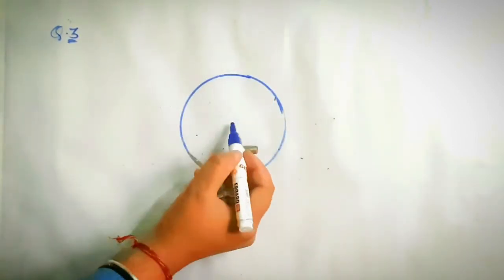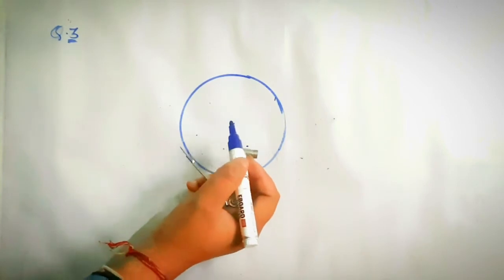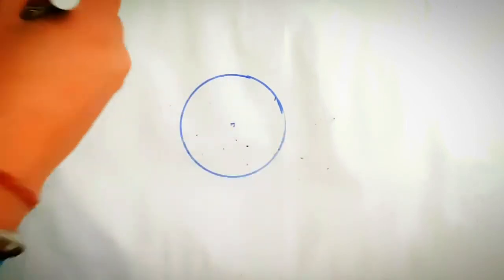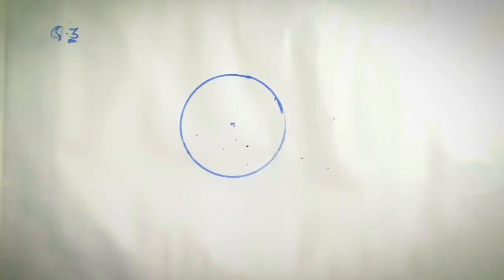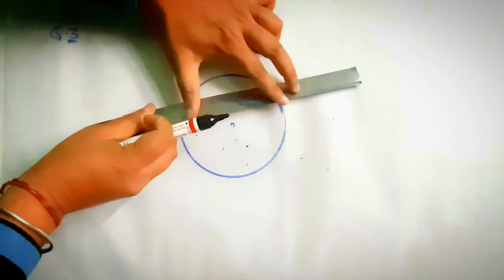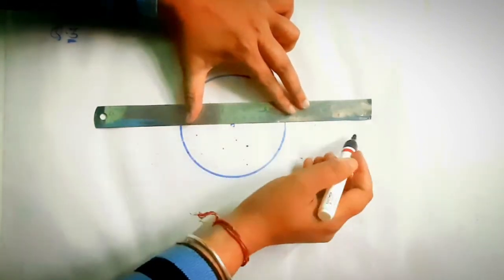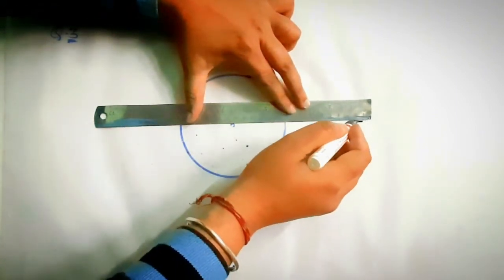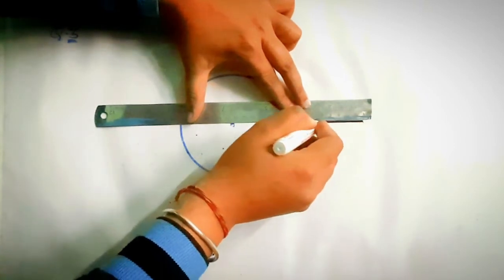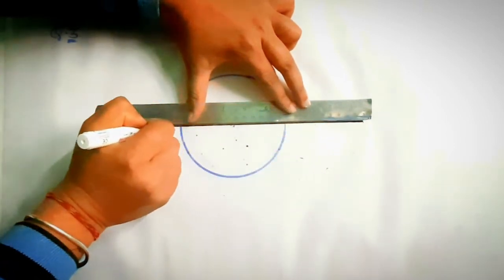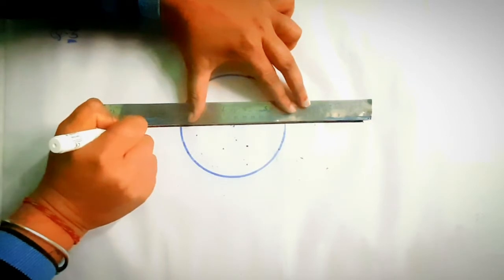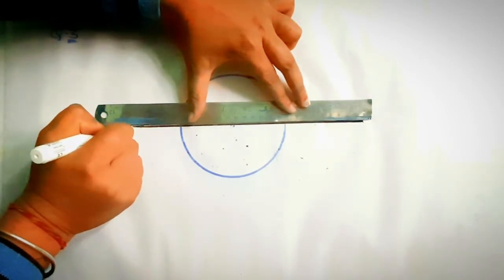Now we have to find 2 points which are 7 cm away from the center, but both must be on the extended diameter. So first of all, draw one of its diameters and extend it to both sides.